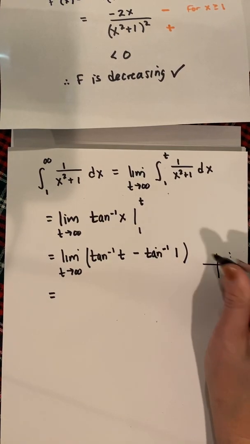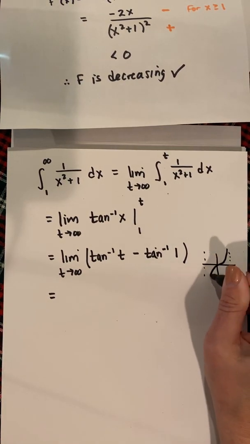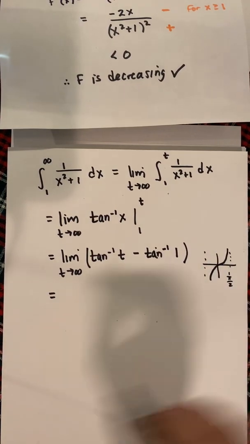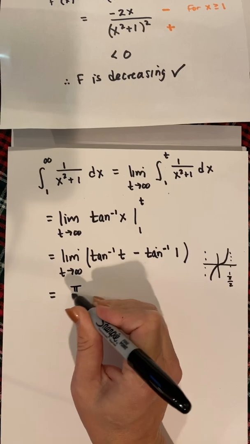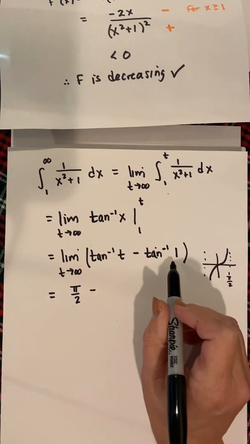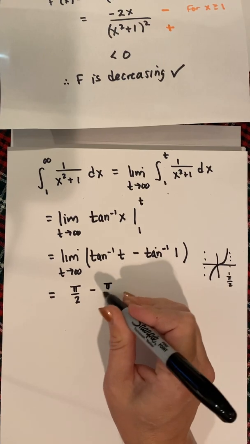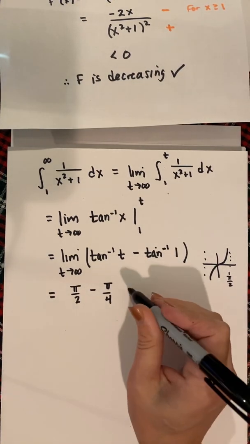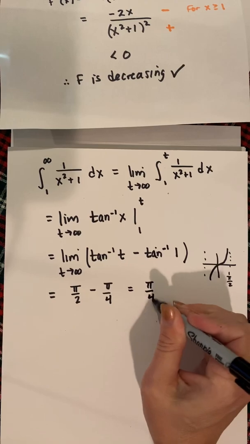So if we look at the graph of the tangent, it looks like this. And as t goes to infinity, the inverse tangent is going to approach pi over 2. And the inverse tangent of 1, well, what angle has tangent of 1? Pi over 4. So we have pi over 2 minus pi over 4, which is pi over 4.